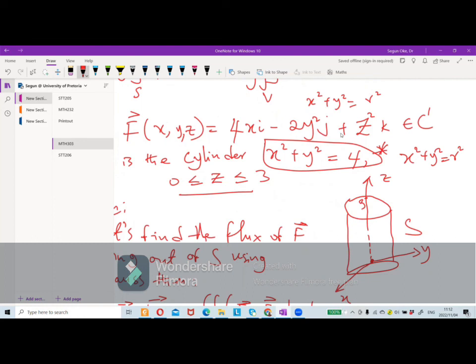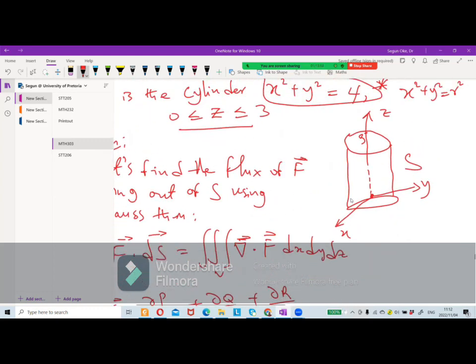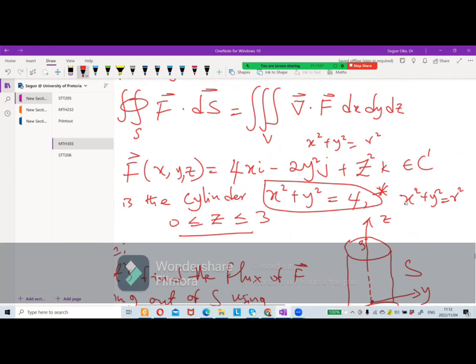So you yourself can use that memory. When you are given a cylinder, you have to convert it. But this one, you can still make use of it by saying x squared equals 4 minus y squared. That is, x will now be the square root of 4 minus y squared. You can use this one to solve the problem.